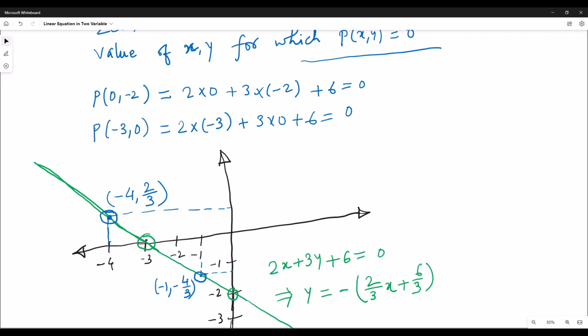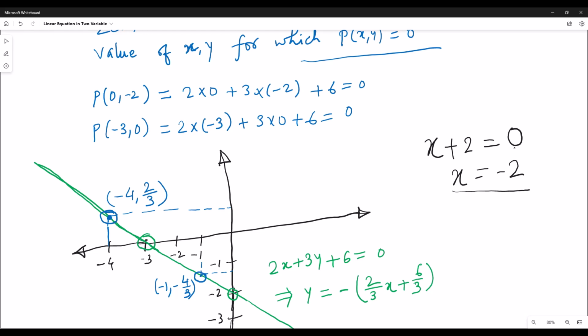For linear equation in one variable, you had the direct solution, that if x plus 2 is 0, then x equals minus 2. So that is the solution. For linear equation in one variable, x plus 2 equals 0, for x equals minus 2, this is 0.